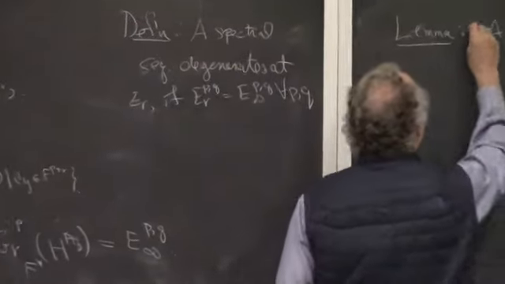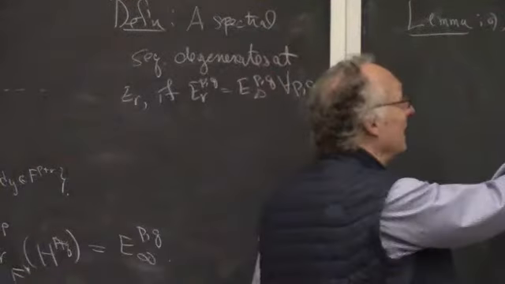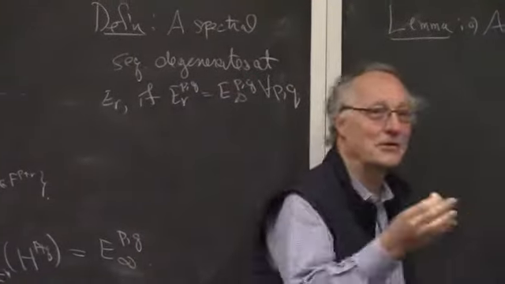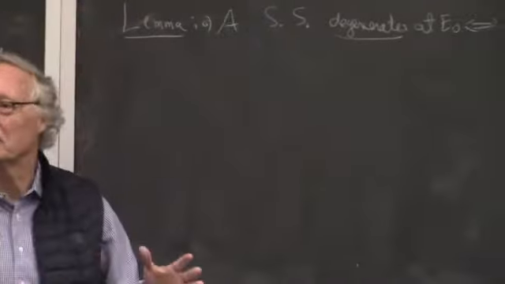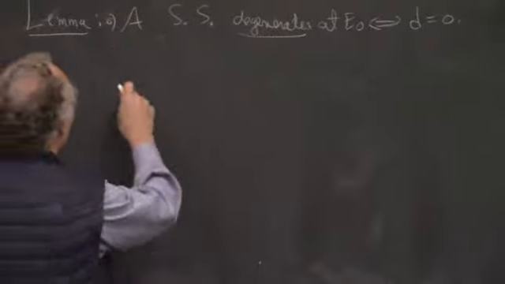So it has two parts. Part 0 is a spectral sequence degenerates at E_0 if and only if the differential in the chain complex is trivial. It's a completely trivial case. Cohomology is the chain complex. Not really very interesting.